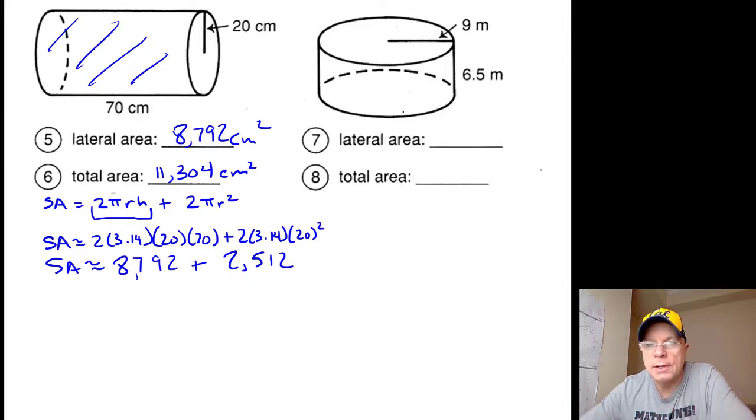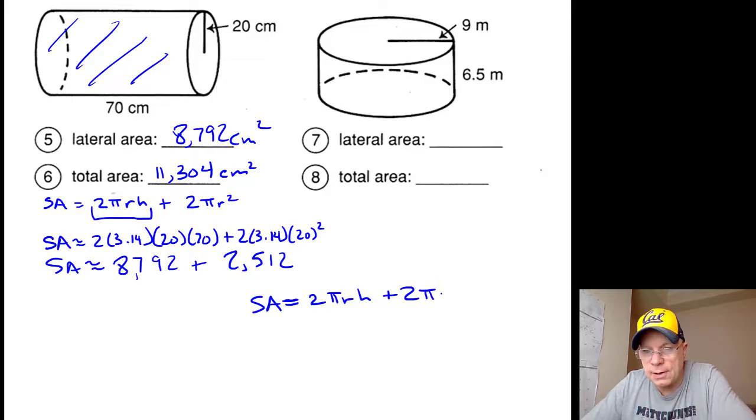centimeters squared. Number 7, I don't want to squeeze this in, so I'm going to write it down here. Surface area is exactly equal to 2 pi r h plus 2 pi r squared. So our approximation, when we substitute 3.14 for pi, will be 2 multiplied by 3.14 multiplied by, again, they gave us the radius directly. They're not trying to make us find it from the diameter, but you always have to keep a lookout for that.